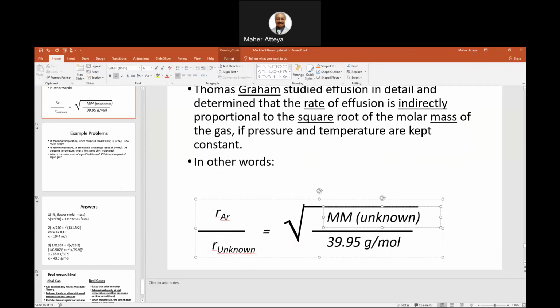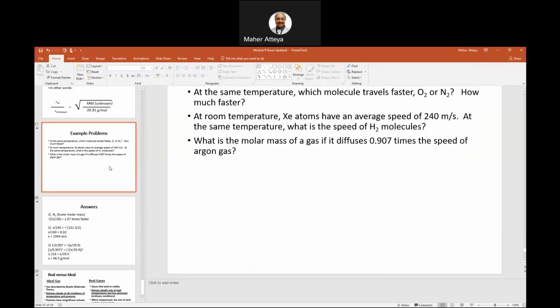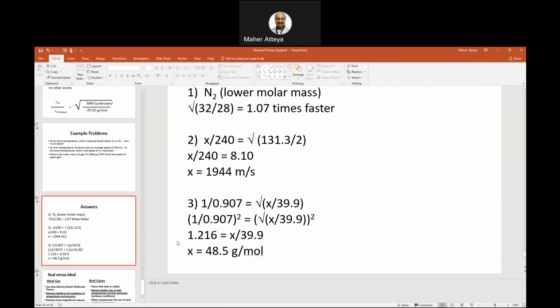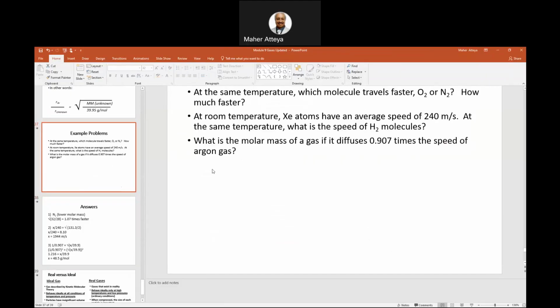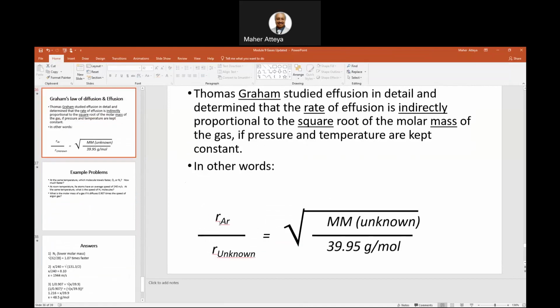Okay, so cross multiply, and the argon is given to you. Here it is, where we did this one here. The rate is 1 over, correct? This one for argon you can just put as 1.